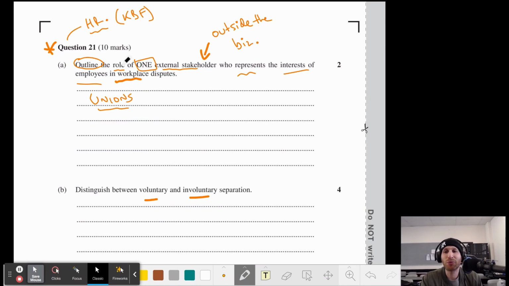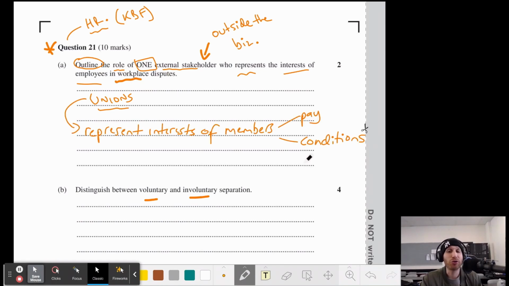So if we're looking at the role of unions, unions represent the interests of their members in terms of pay and conditions in the workplace. And in the situation of a workplace dispute, their role here is going to be with the bosses, right? It's their role to work with the employers to try and find a solution to the dispute.